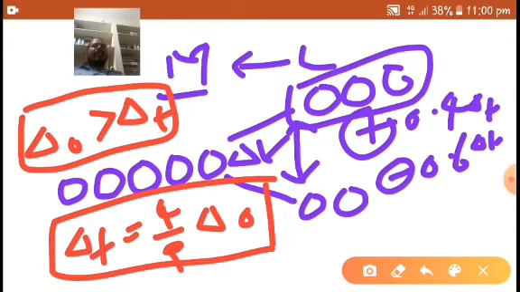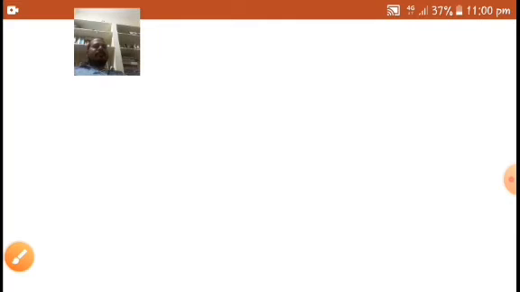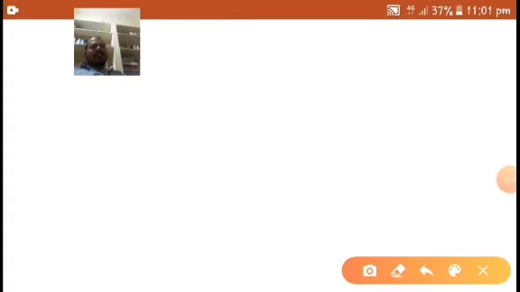So that is about d orbital splitting in tetrahedral complexes. Now coming to d orbital splitting in square planar complexes.